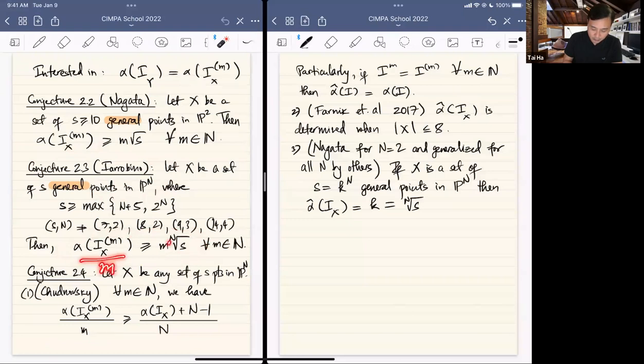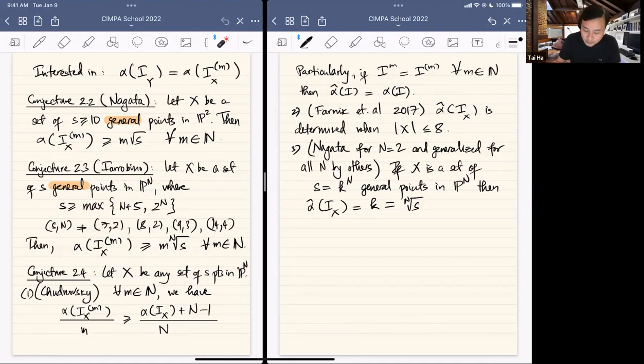So if you divide by m, you get rid of m. On the right-hand side, you have exactly the n-th root of s. And so because of that, and the limit exists, this conjecture is equivalent to saying that the Waldschmidt constant of I_X is at least the n-th root of s. In fact, the other inequality is already known.